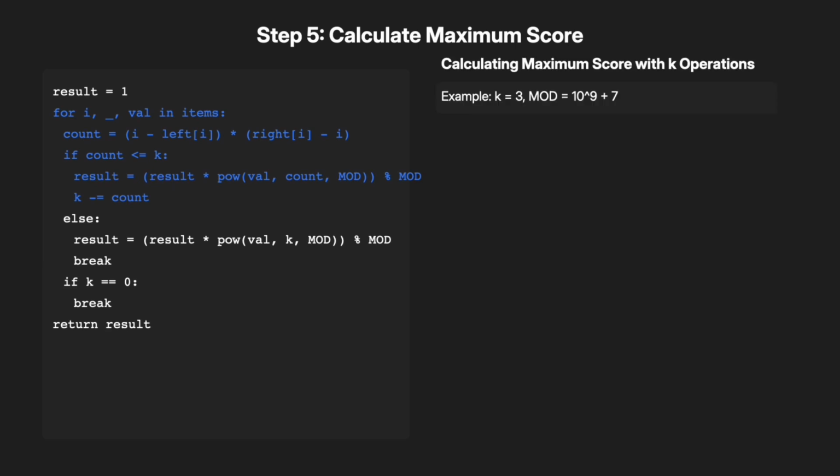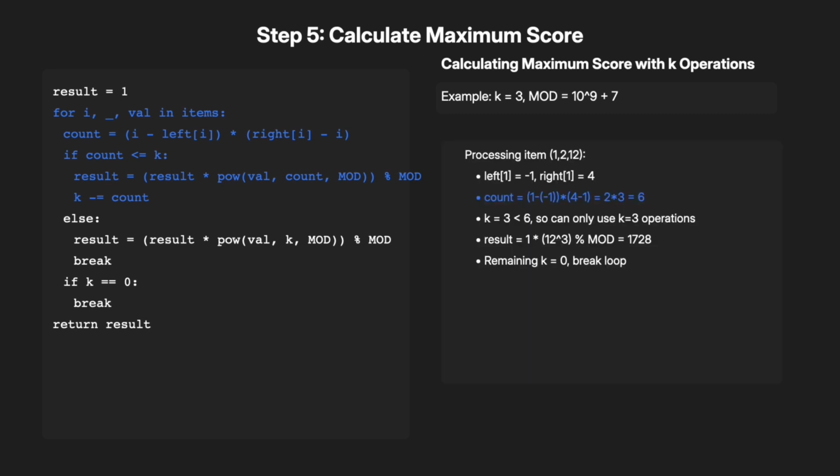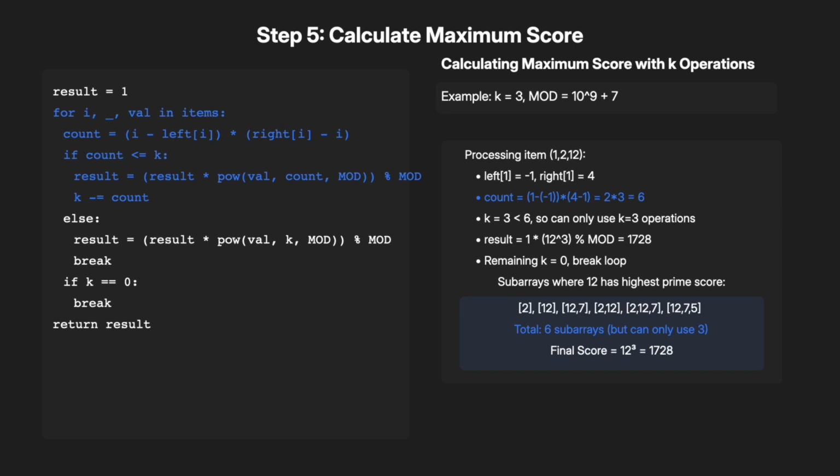In our example with k equals 3, for the element with value 12, the left boundary is -1 and the right boundary is 4, giving us (1 minus -1) times (4 minus 1), equals 2 times 3 equals 6 subarrays. Since we only have k equals 3 operations, we can only use 3 of them, resulting in a final score of 12 cubed equals 1,728. We've used all our operations, so we break from the loop and return the result.